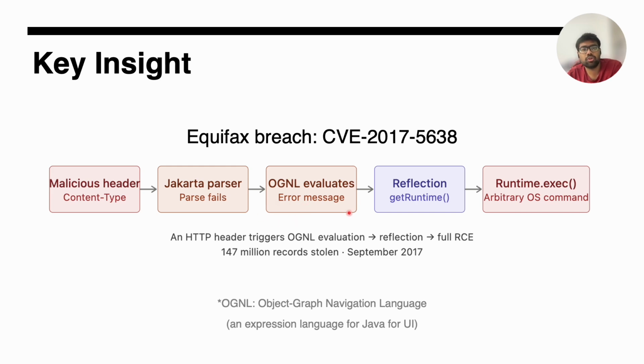The error message also gets evaluated as an expression, an OGNL expression, which is an Object-Graph Navigation Language expression. It is used in Java for UI stuff. So when OGNL tries to parse this, the language tries to resolve it using Java's reflection API and gets the getRuntime method. Then this getRuntime method is used to run the exec method, which triggers arbitrary command execution.